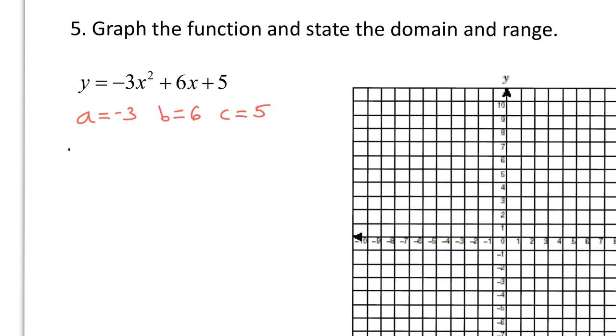My first step is to find my vertex. So for my vertex, we need my x coordinate and my y coordinate. For my x coordinate, we have a formula in standard form. We use the opposite of b divided by 2a. I'm going to substitute the b and the a into the formula.